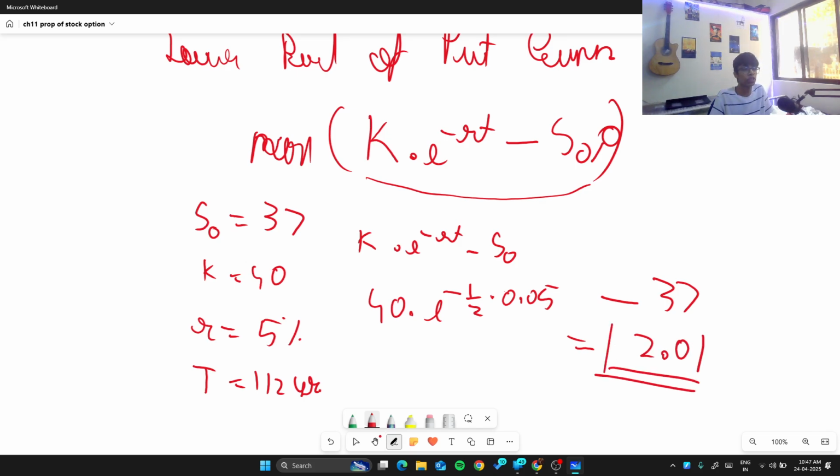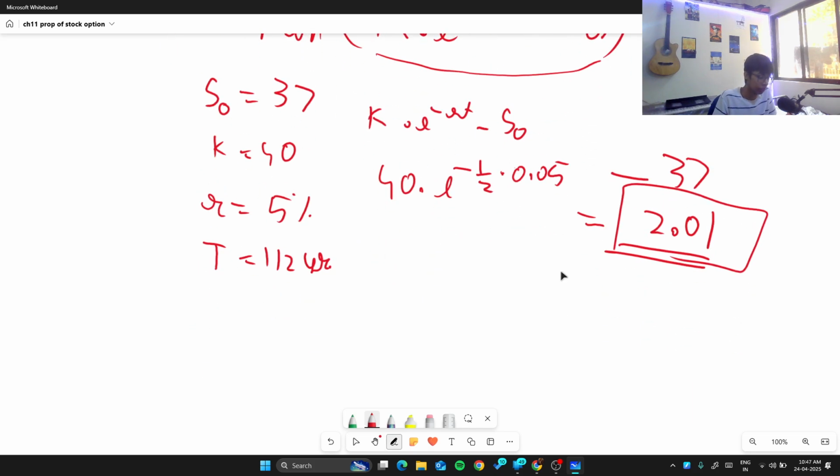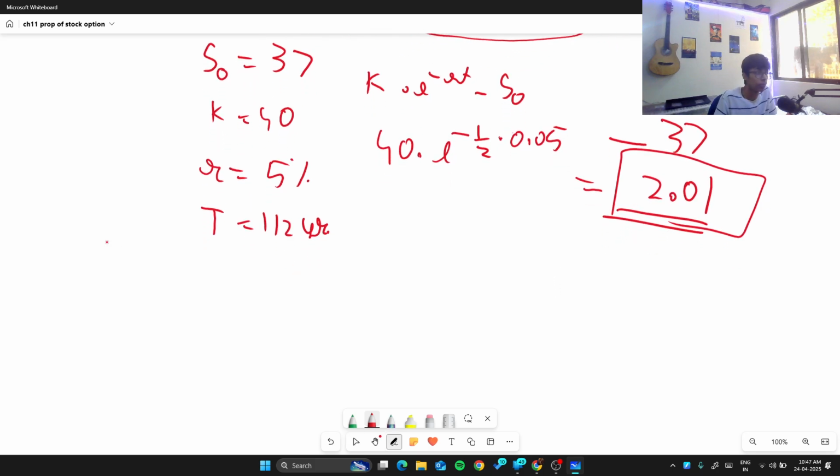So the premium should not be lower than 2.01. Let's consider that a European put option is trading for $1. It is much lower than 2.01.